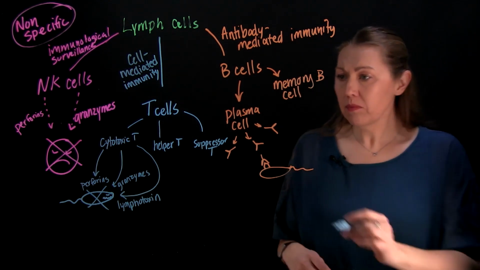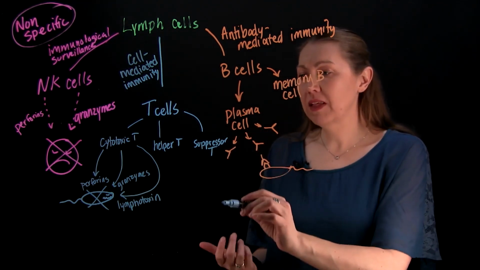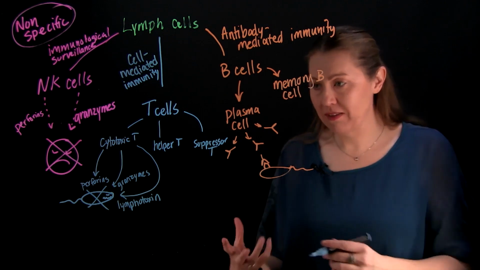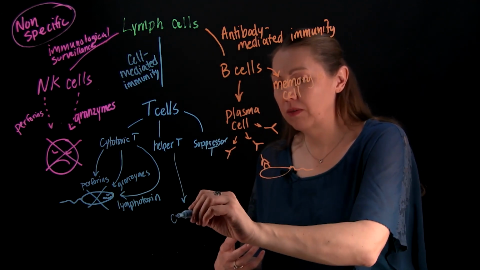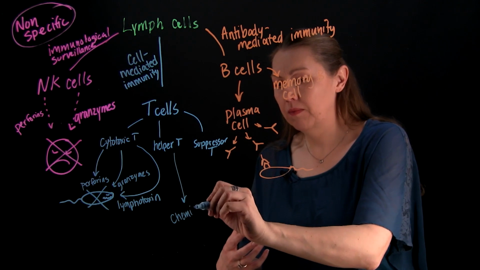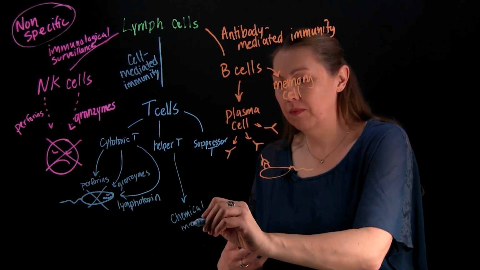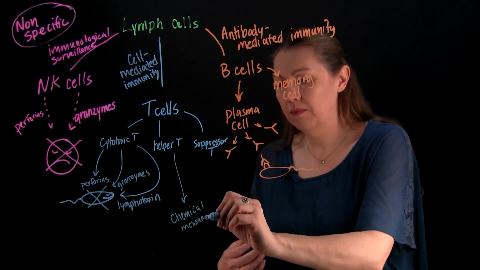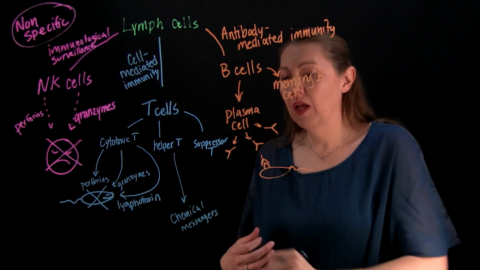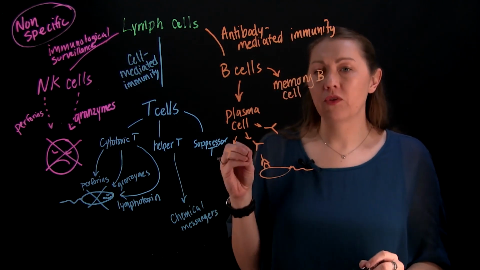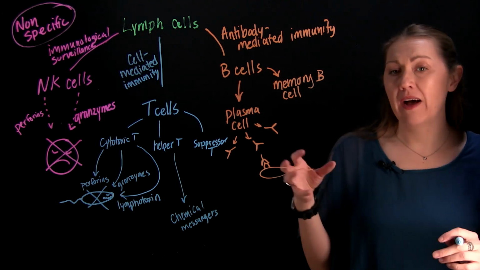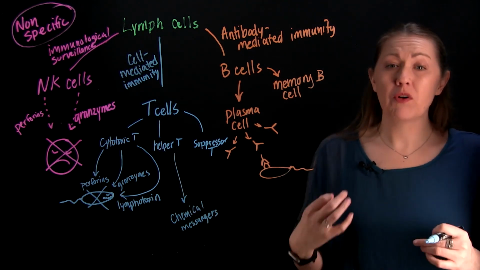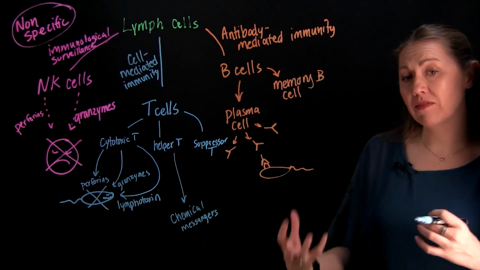A helper T is something that is going to call for help, not surprisingly. So what they're actually going to release is going to be chemical messengers. The way that you're going to know that a pathogen has come into the body is because you're going to have these helper cells be notified by a healthy cell that has found a pathogen.